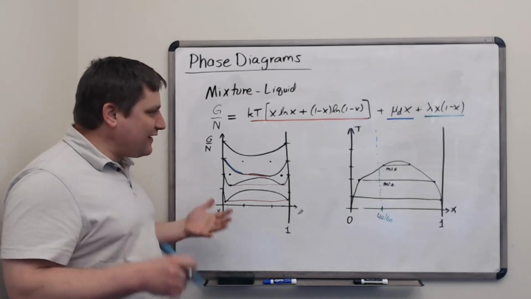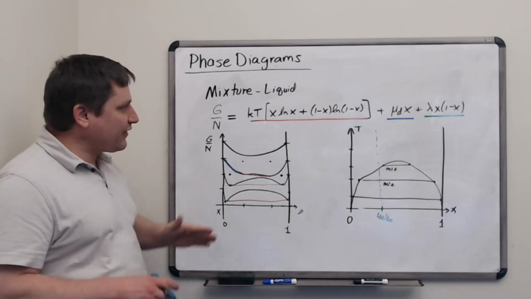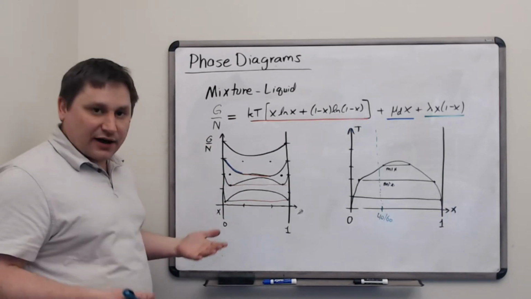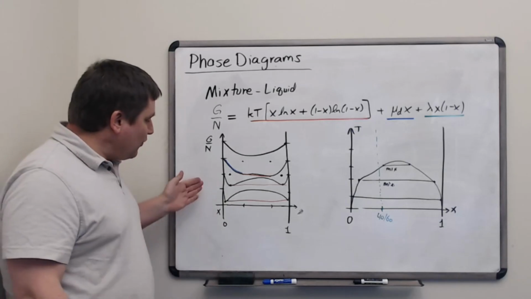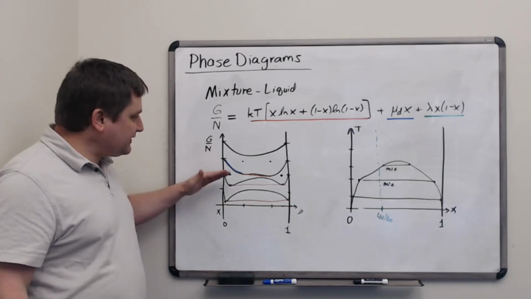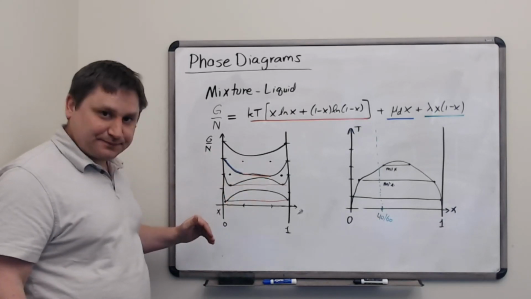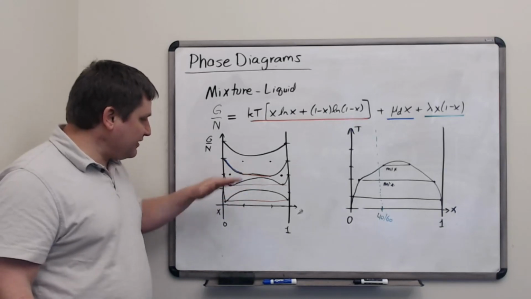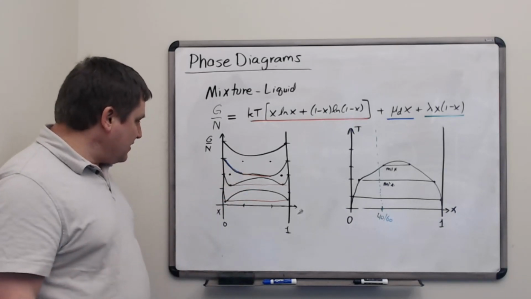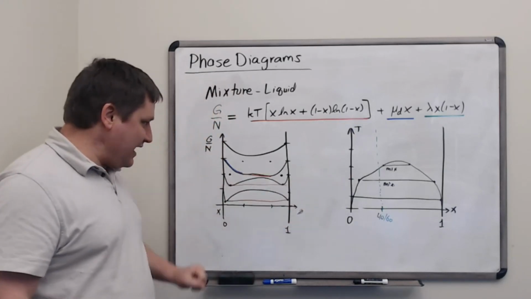The takeaway is that we look at the Gibbs free energy or another relevant energy, plot that as a parameter is varied, and look to see if there are any convex hulls that can be drawn on there, and use those to construct a phase diagram.